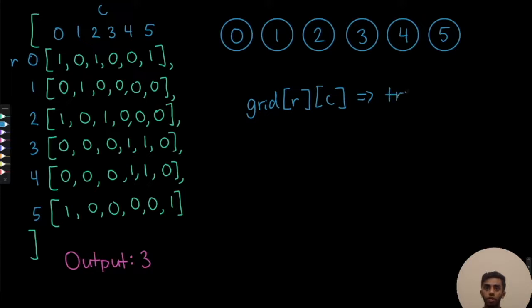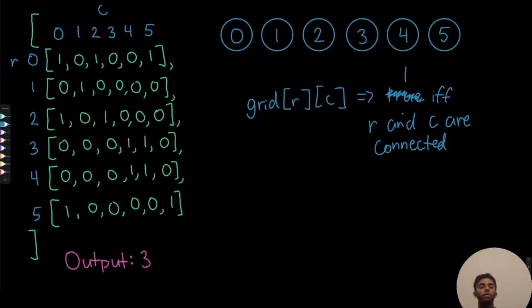So this is going to be true if and only if R and C are connected. When I say true, we can think of our zeros and ones as booleans. So we can say it's going to be 1 if and only if R and C are connected.